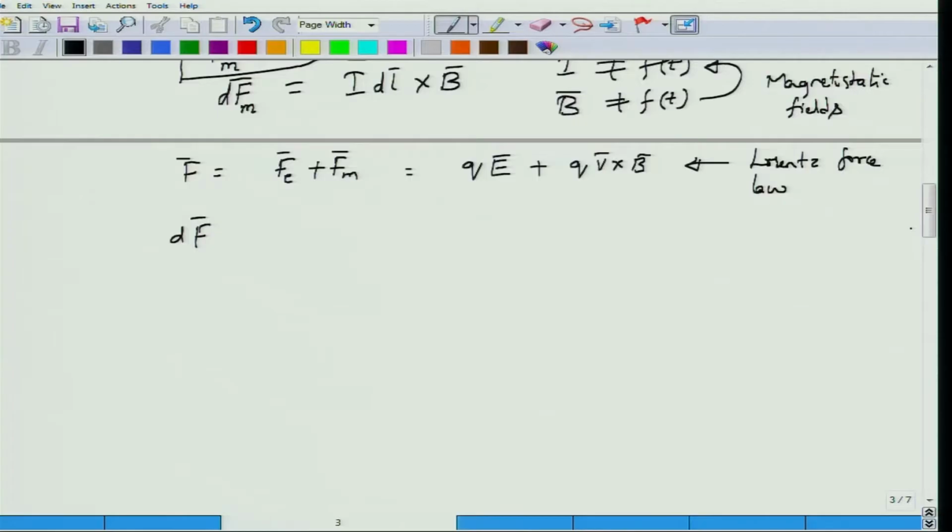So the infinitesimal force dF on the current carrying wire is given by I dl cross B. Of course, you would immediately realize that you cannot really have an infinitesimal current, a small isolated piece of current. It would mean that charges are getting generated and accumulated at the nodes, and we have just seen that such an accumulation is not possible.